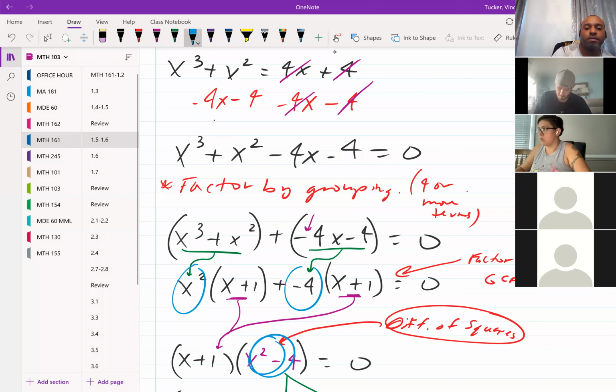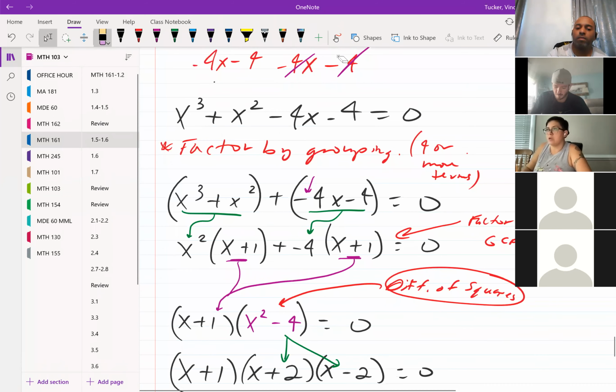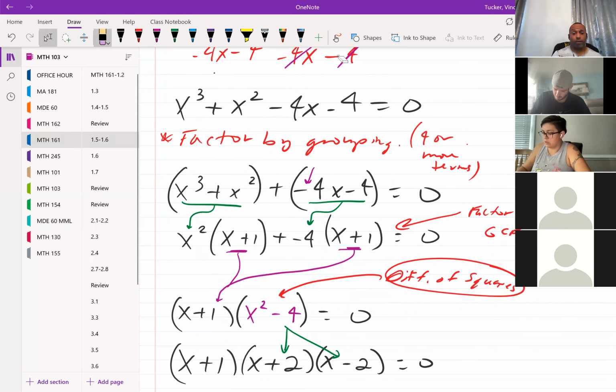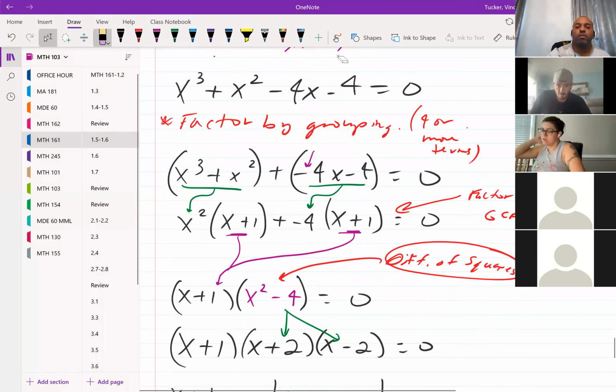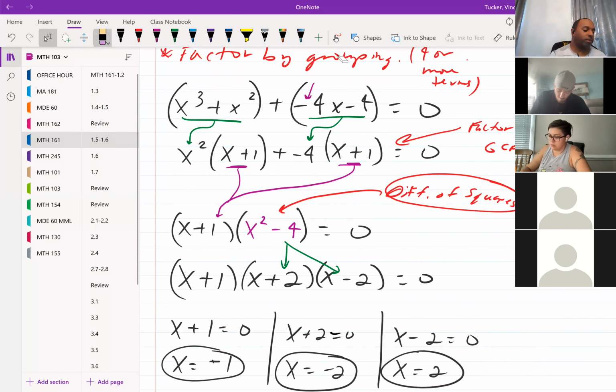So that's what I have right here. And x squared minus 4 is the difference of squares, just like x squared minus 9. This time, x squared minus 4 will break up into x plus 2, x minus 2. Then set each part equal to 0 and solve.